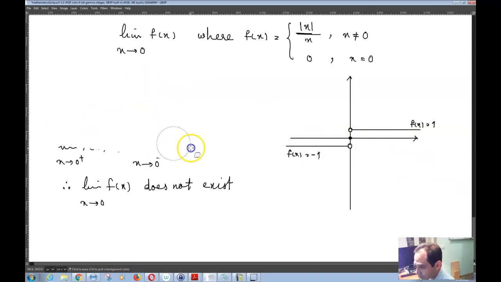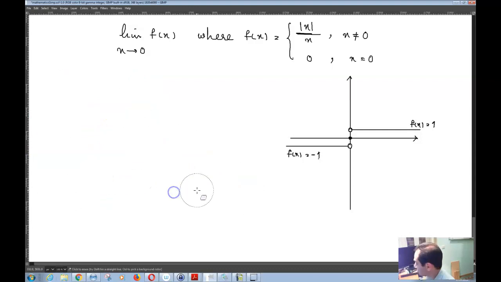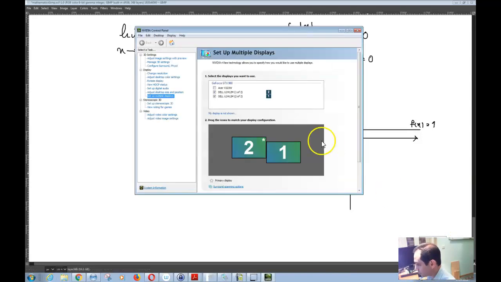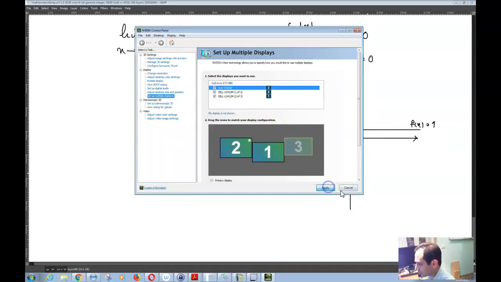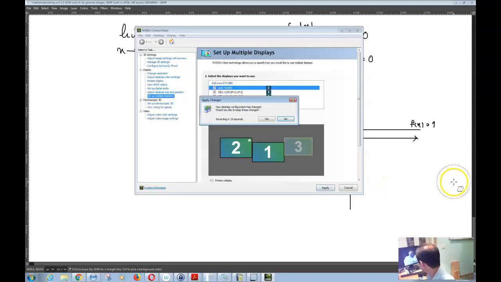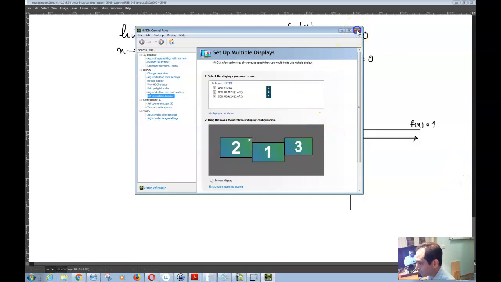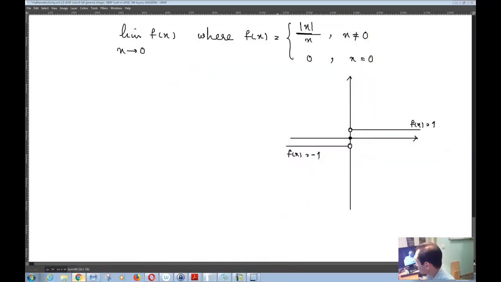Let me turn on this monitor over here. Okay, yes. Okay, so I need to put this thing on the other monitor so I can see what I'm doing.